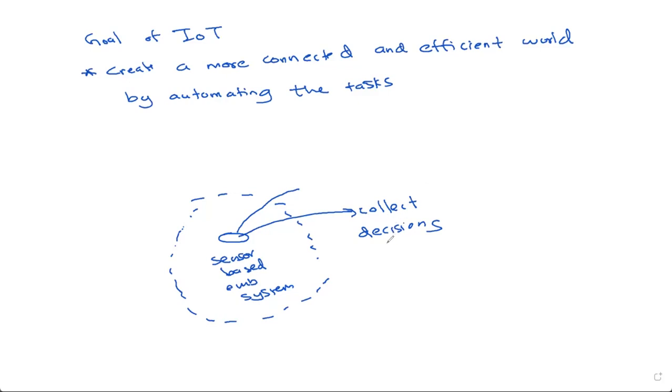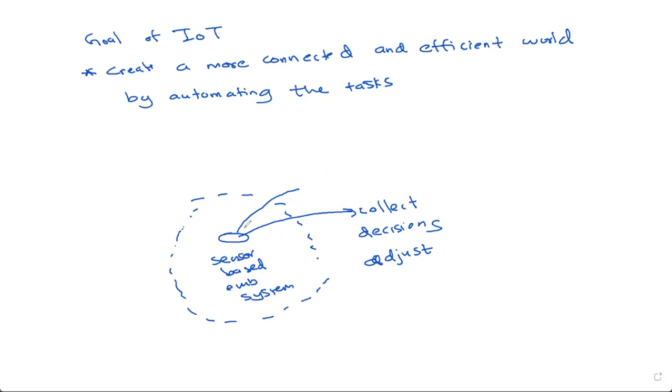So for example, if the sensor collects some unusual data regarding the environment, based on that data the system will adjust its work, adjust its process, and it will carry on maybe collecting the data with some adjustments.